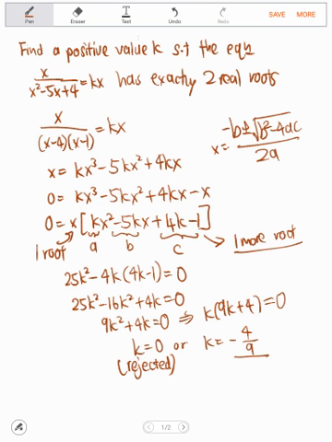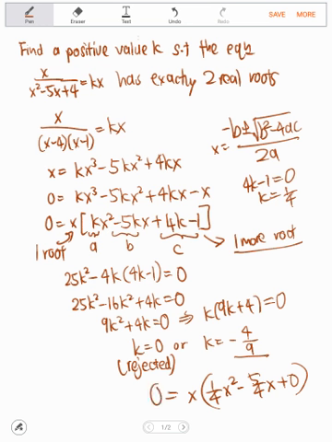This is a very special question because in the case where 4k minus 1 equals 0, we actually get a repeated root. So when 4k minus 1 equals 0, k equals 0.25 or 1 quarter. When we substitute 1 quarter as our k, what we get is 1 quarter x squared minus 5 over 4 x plus 0, and x equals 0.